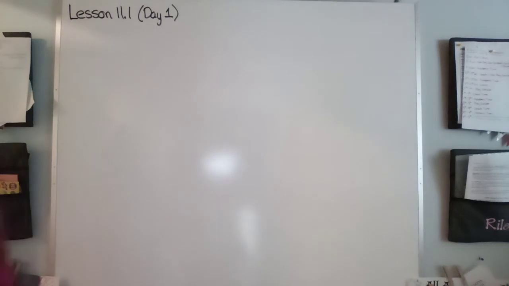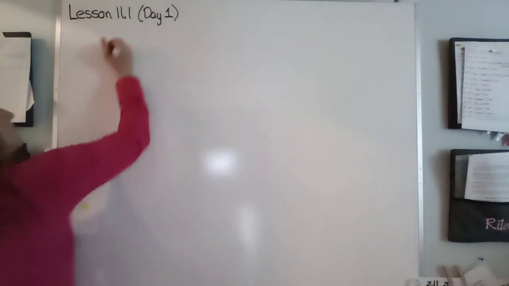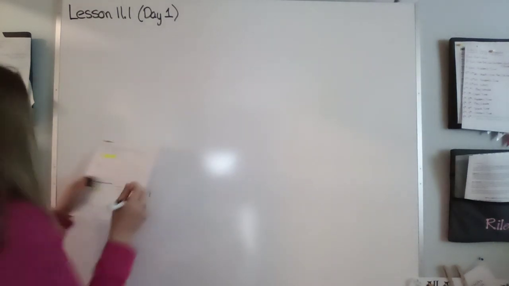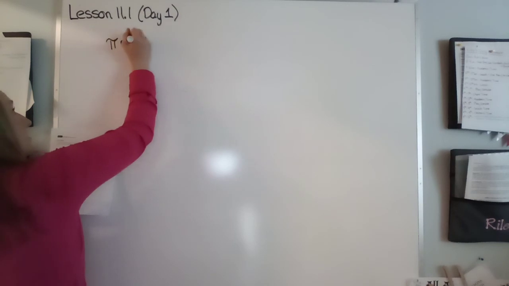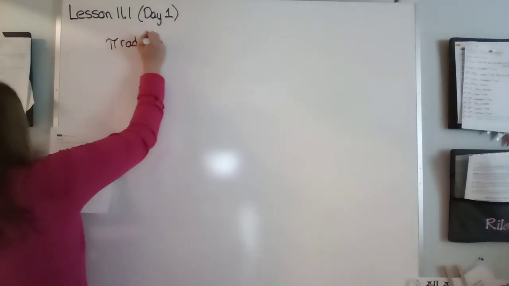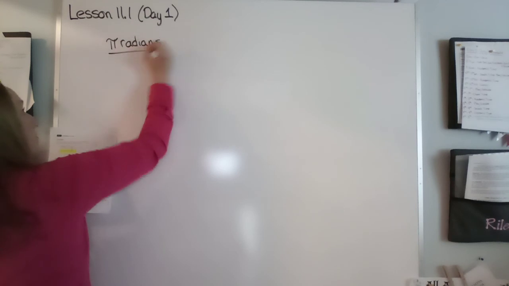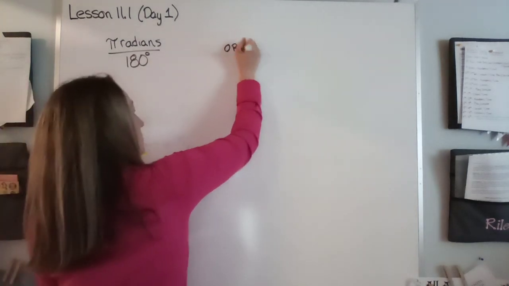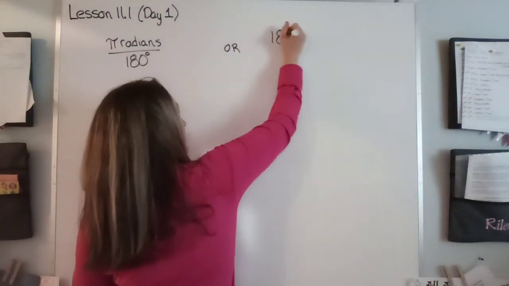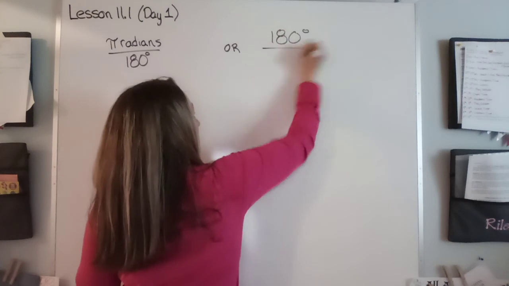So the conversion factors that we're going to use are, and they're in your notes, I have them highlighted if you look at my answers, pi radians over 180 degrees, or I'm going to use 180 degrees over pi radians.